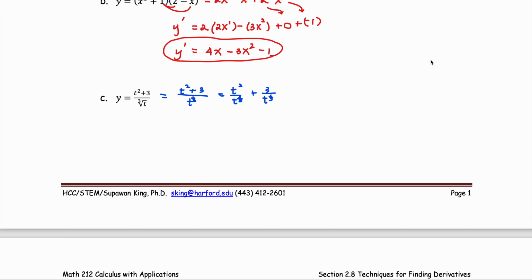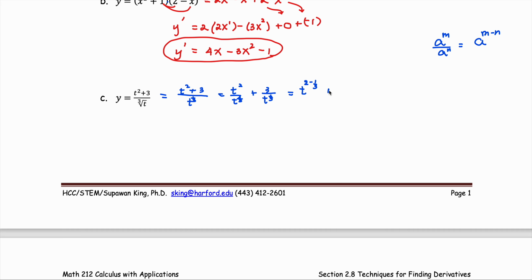After that, we use the exponent property. If you recall, a to the power m divided by a to the power n, you can rewrite as a to the power m minus n. For this case, the first term, t to the power 2 on the top, 1/3 on the bottom, adjusted to be t to the power 2 minus 1/3.